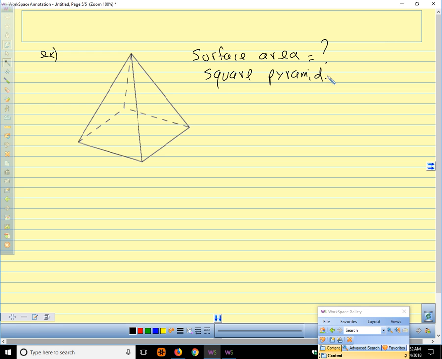And I'm going to label some stuff here, and then we'll do our calculations. So that is 12 centimeters, and this is 8 centimeters.